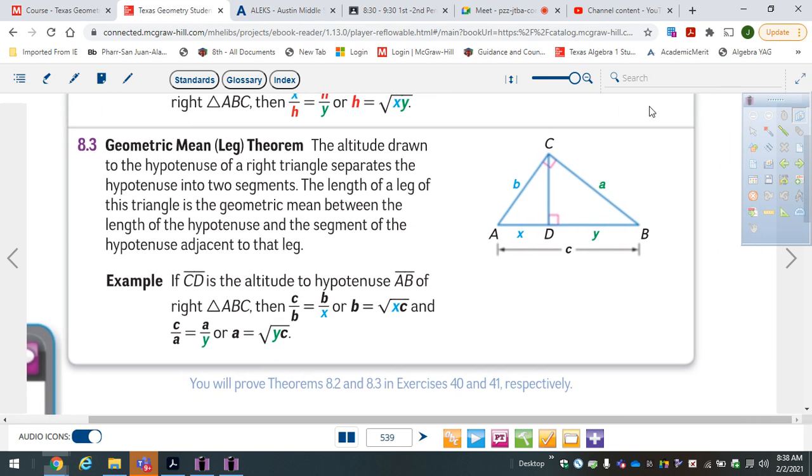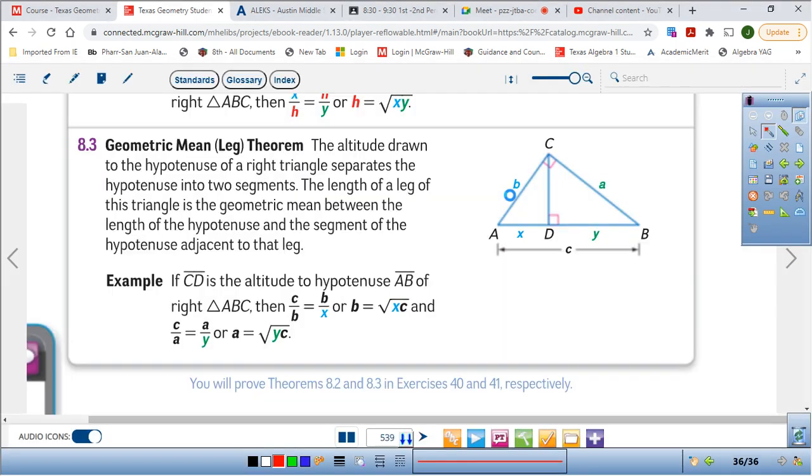So, hold on right here. What it's saying is, if you have this altitude drawn, it separates the hypotenuse into two pieces. It separates the hypotenuse, this length here, from the original triangle like this. This is your right angle right here. When you draw this altitude, it separates it into this part here and this part here.